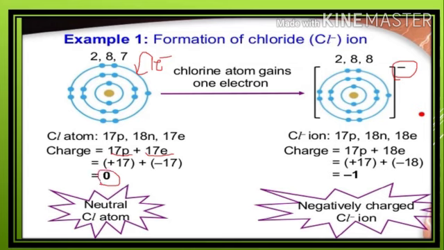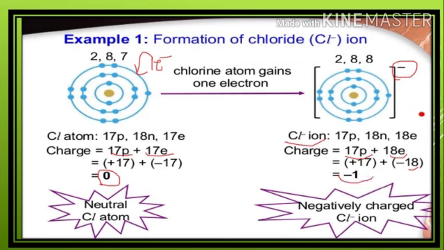But in case of a chloride ion, the number of protons is less than the number of electrons. So, due to one more electron than protons, a chloride ion has a negative charge.